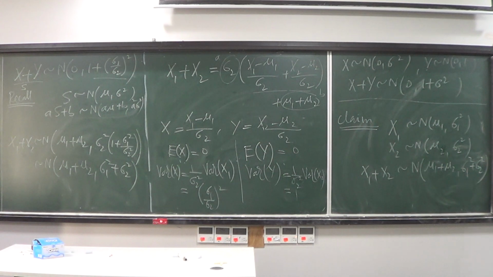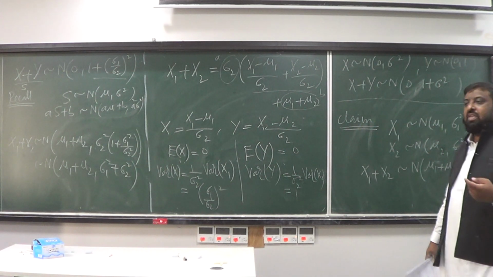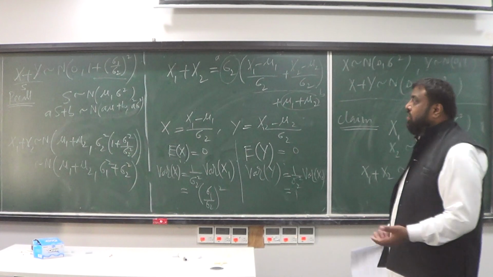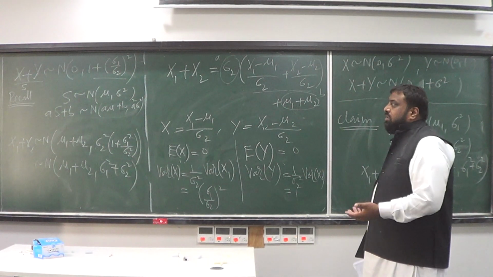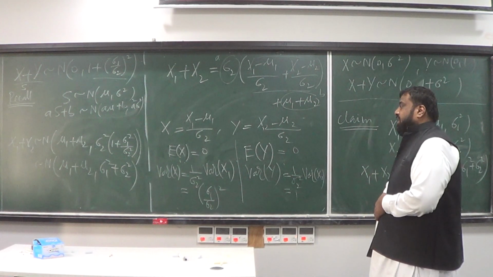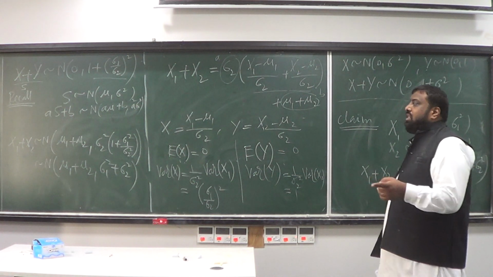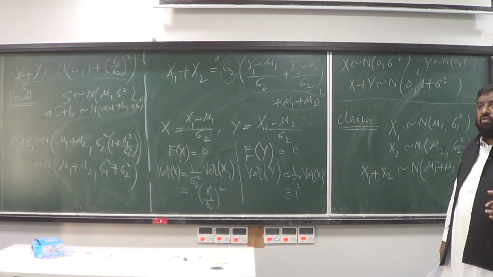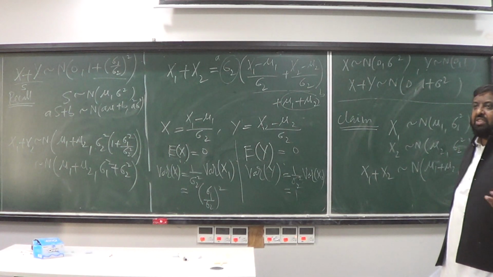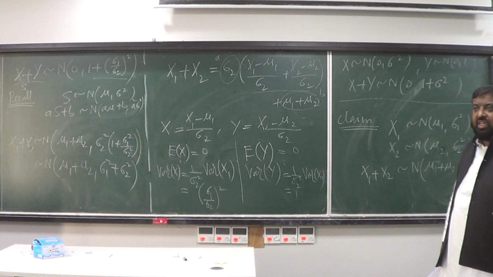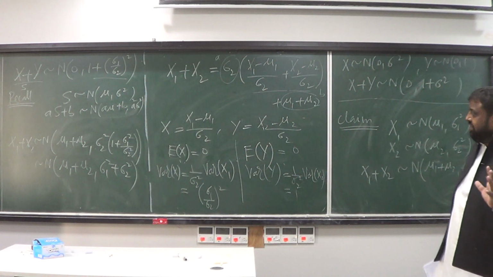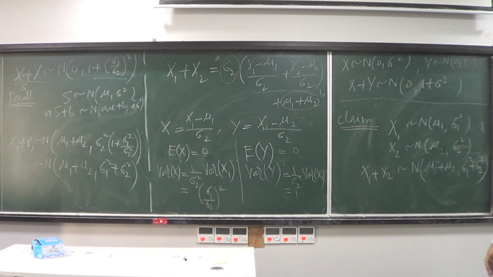I will leave some of the things for you to do for yourself, or maybe I can discuss some of them in our next discussion, where you have to do the sum of random variables for different cases: when x is Poisson and y is Poisson and independent, or when x is binomial and y is binomial, both independent, then what would be the distribution of x plus y. For some of the calculation you have to do it yourself.